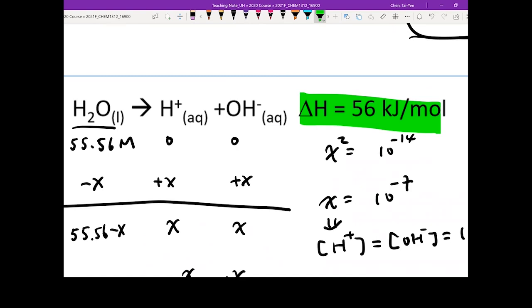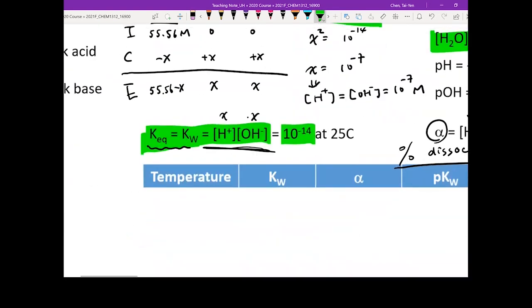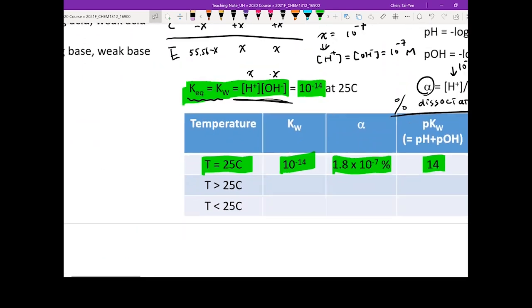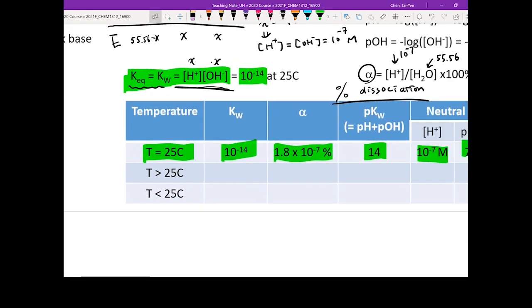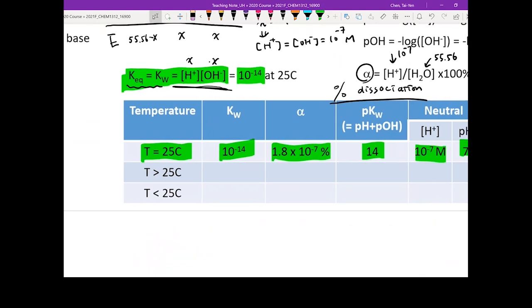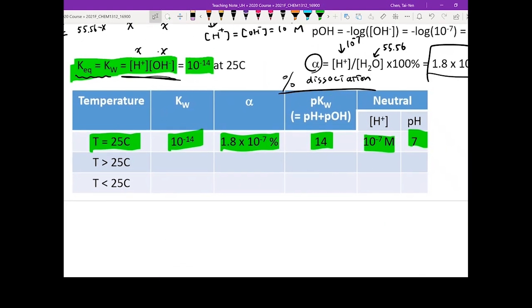Endothermic, right? When you say endothermic, that means we actually need to heat up the system so the reaction will move to the right. Right now, we're comparing the temperature at 25 degrees C. So think about this. If I increase my temperature to larger than 25 degrees C, how would it affect your proton concentration? It is an endothermic reaction, right?